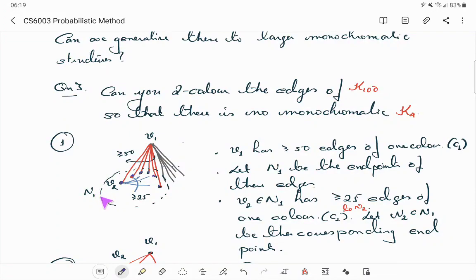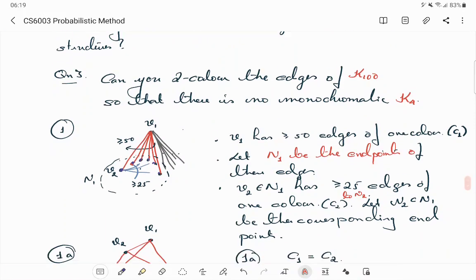So N1 is a subset of vertices of this K100 with the property that the edge from any vertex in N1 to V1 is colored red. In this case red; if it was green, it would be the same argument. And we know that the size of N1 is at least 50.